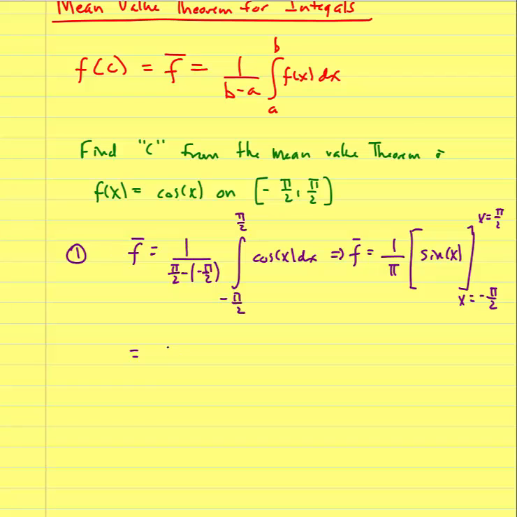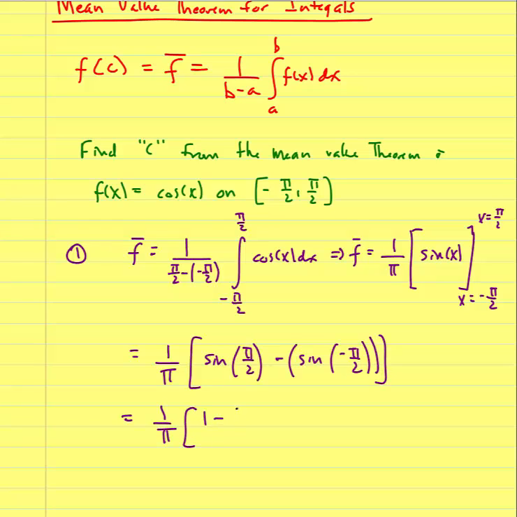So this is 1 over pi times sine of pi over 2 minus the sine of a negative pi over 2. Sine of pi over 2 is 1, minus, because I'm subtracting, the sine of negative pi over 2 is a negative 1. So this is 2 over pi. So this is equal to f bar.